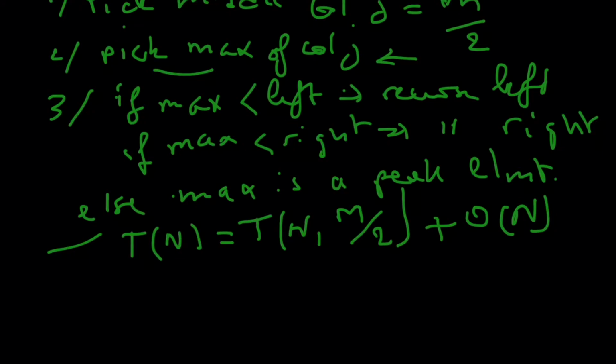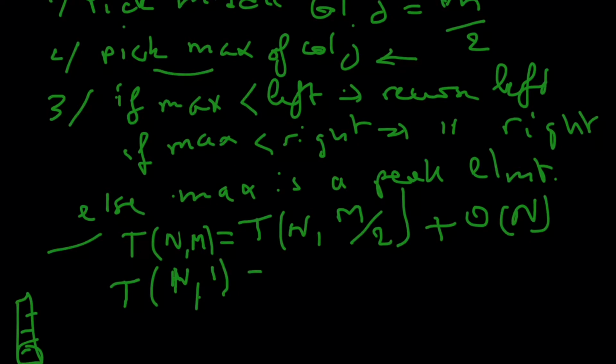And this is actually not just T of n, because it's parameterized by both the number of columns and the number of rows, so T of n, m. If we look at the base case, where we have n rows and one column, finding the peak would be just finding the max, right?